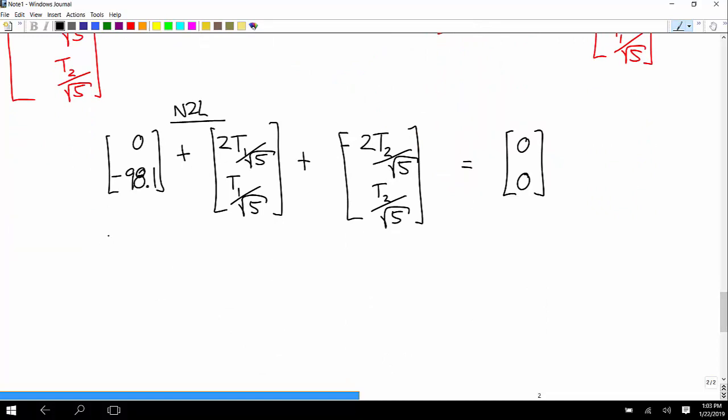So from the x equation, 0 plus 2T1 over root 5 minus 2T2 over root 5 is equal to 0. That just tells us that T1 is equal to T2.